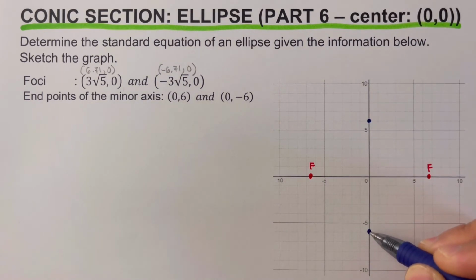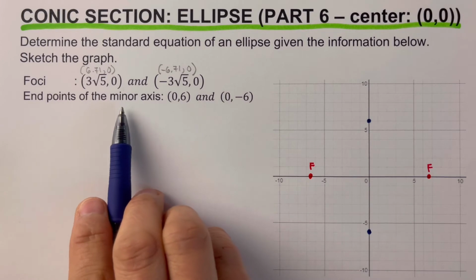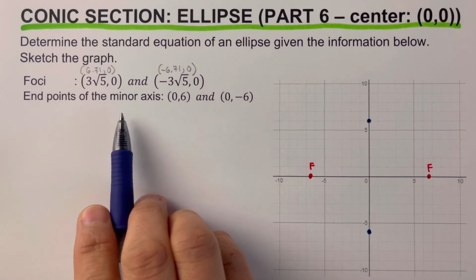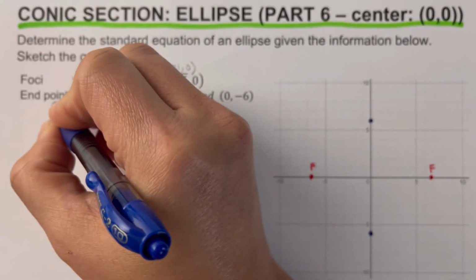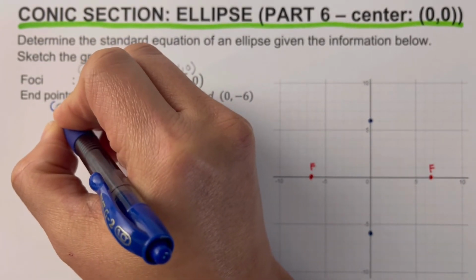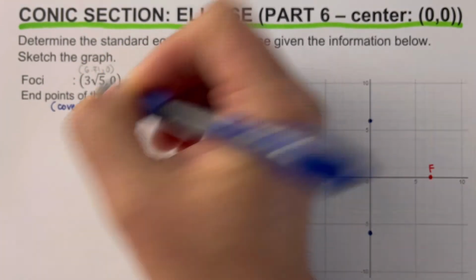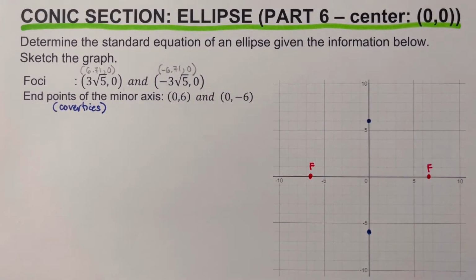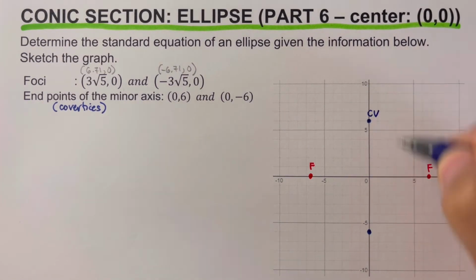That's (0, -6). We remember that the two ends of the minor axis are actually the co-vertices of this ellipse. So I'm going to go ahead and write that down here. So these are the co-vertices of the ellipse, because remember, co-vertices are the endpoints of the minor axis. So we can label this as our co-vertex, and this is our co-vertex as well.